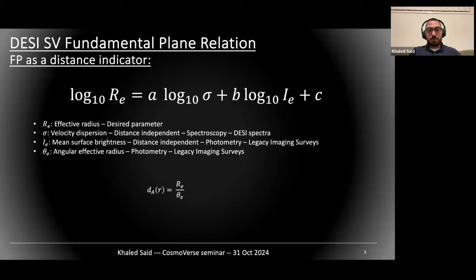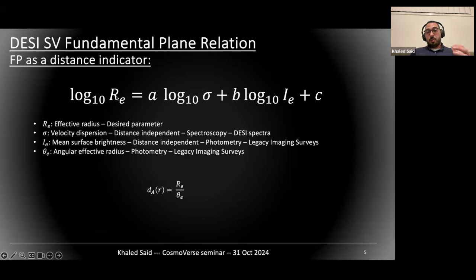This is the stellar velocity dispersion of the elliptical galaxy. And the other parameter is the surface brightness profile. One of these parameters comes from photometry, the other from spectroscopy, and they are basically distance independent. What I mean by distance independent is that you don't need the distance to be able to measure these.